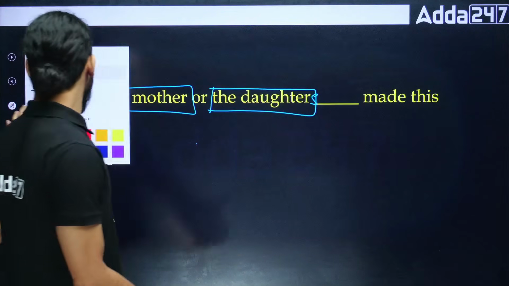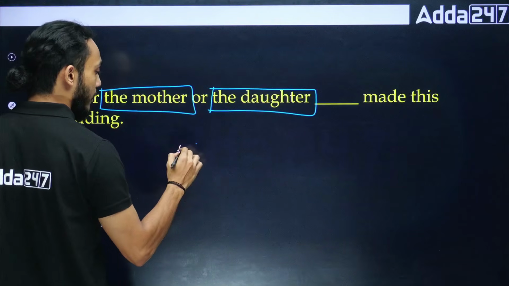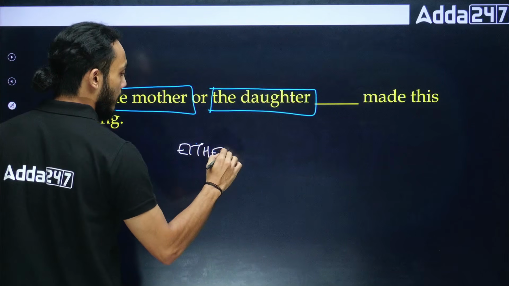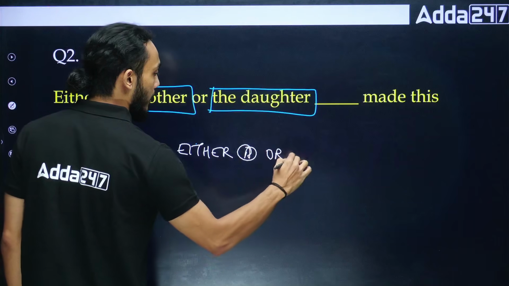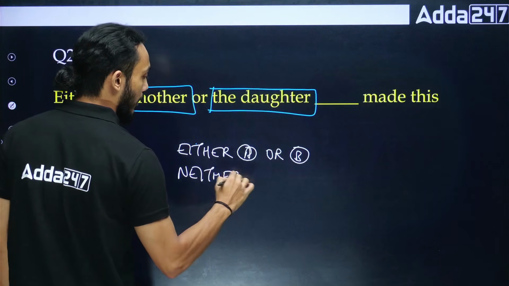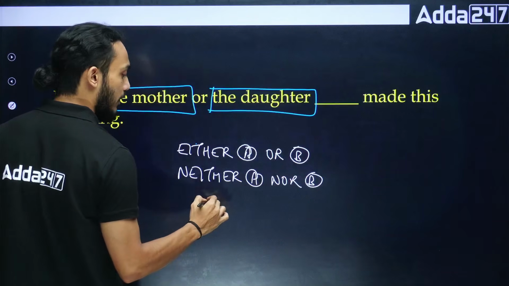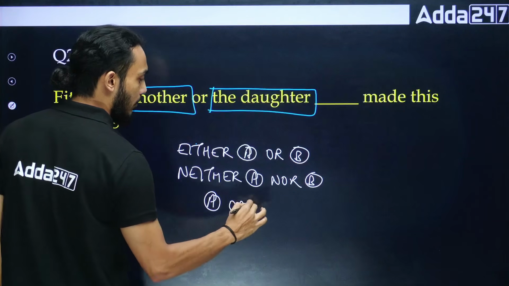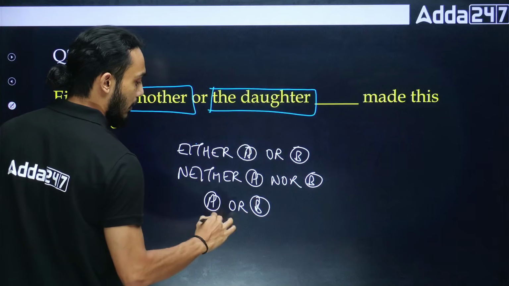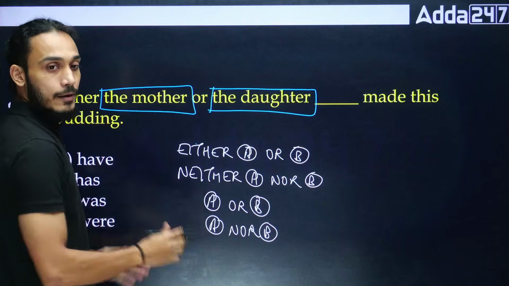So we have to understand that there is a rule for this in English. Whenever we have a sentence which is of the form either A or B, or we have a sentence of the form neither A nor B, right? Or simply if we have something like A or B or A nor B, where A and B are both subjects, right?